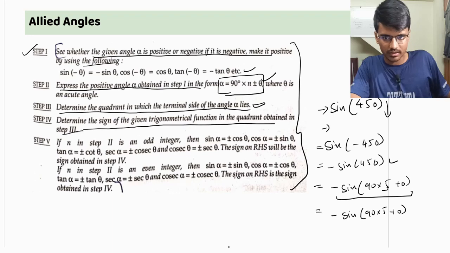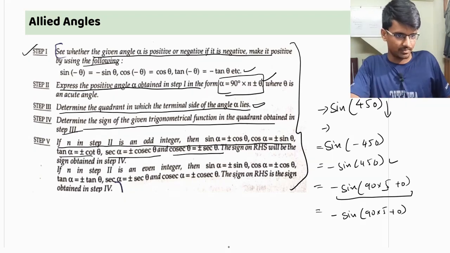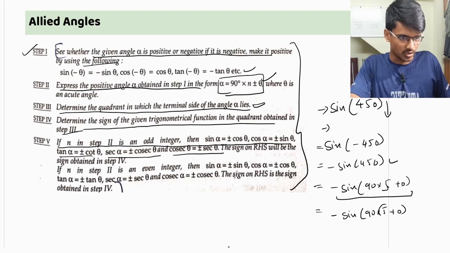We did that. Then if n in step 2 is an odd integer, then sine will become cos, cos will become sine, tan will become cot. Similarly, sec will become cosec, cosec will become sec, and so on. In this case our n is odd, it is 5, so it will change.